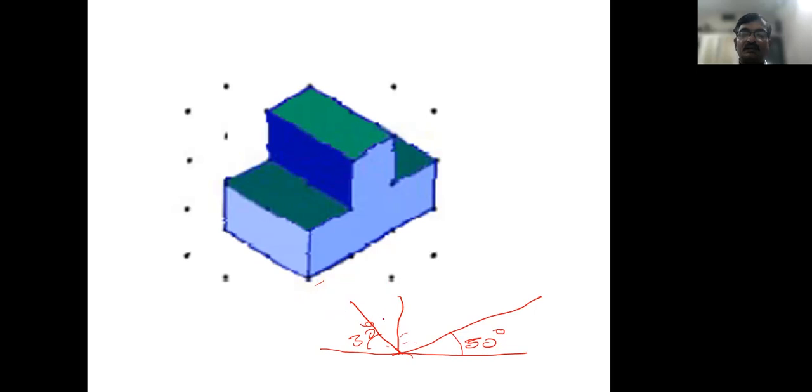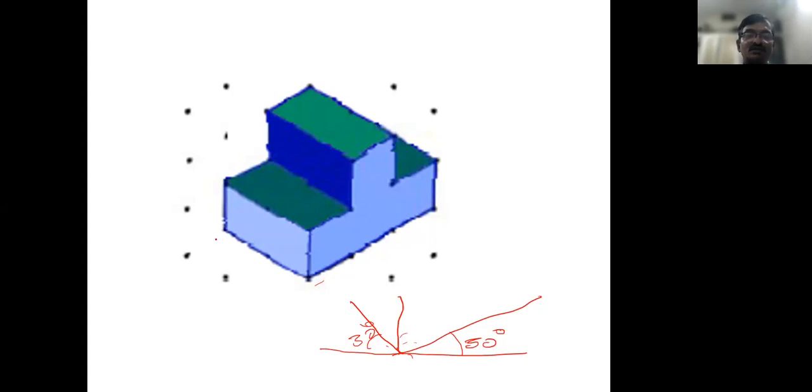These three lines are the isometric axis. When all edges are parallel to the isometric axis, we get the true size, the actual size of those edges on the drawing.